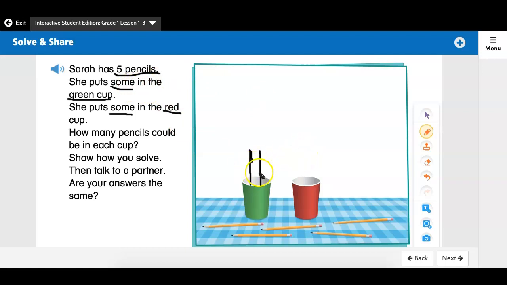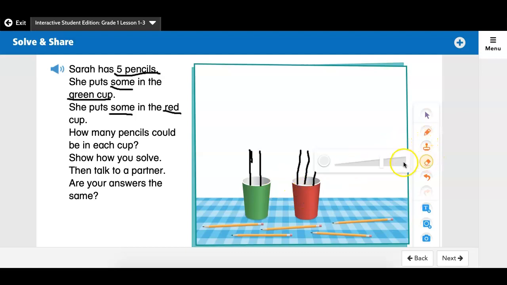So I have 1, 2, 3, 4, 5. So this is one way that we could solve this problem because I have 1, 2, 3, 4, 5 pencils. So I put some in my green cup and some in my red cup.